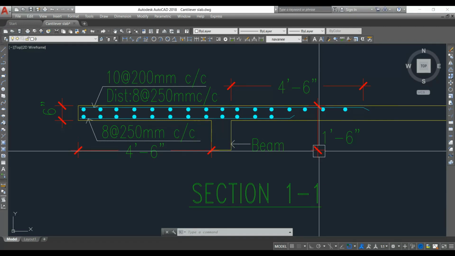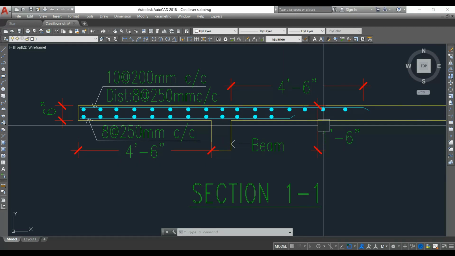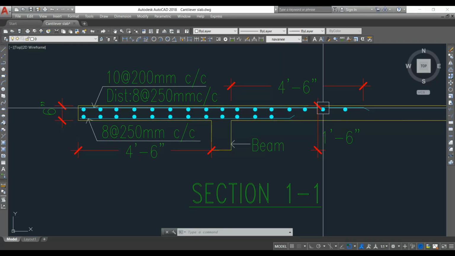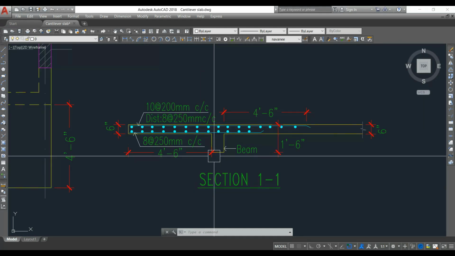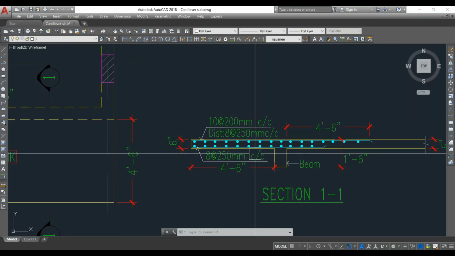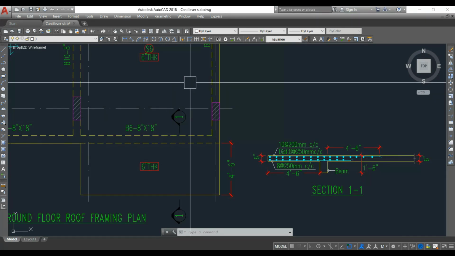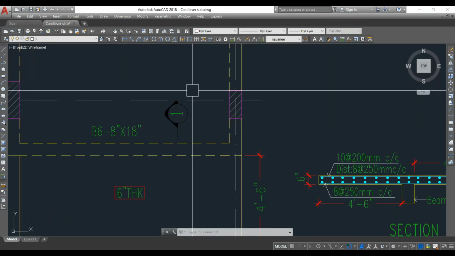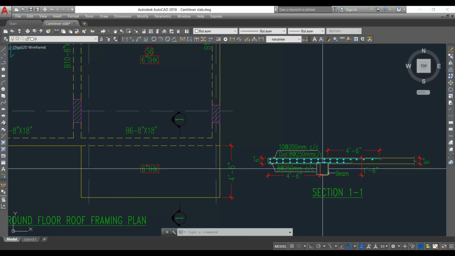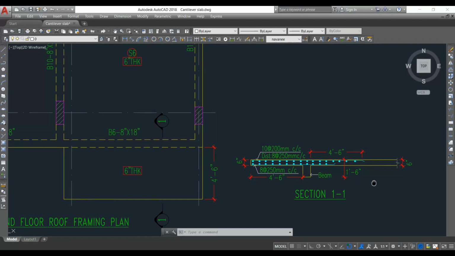The beam size is 18 inches. 18 inches is the depth of the beam, including slab thickness. So this is how you need to provide the reinforcement arrangement whenever you have a back anchorage, like backside slab support also. You have to provide the reinforcement details like this.